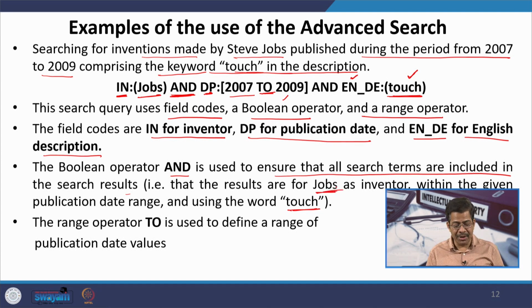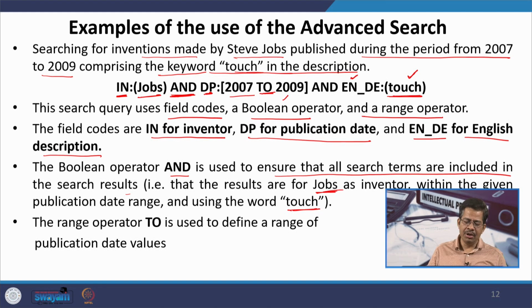Now, it is quite possible there can be a Steve Jobs, there can be a Matthew Jobs, there can be a Stephen Jobs. So, all those Jobs who are there may also come into this. So, you can also write the complete name, not only Jobs, but Steve Jobs. It will have a better, more efficient output. You may remember the principles of lean in IP.